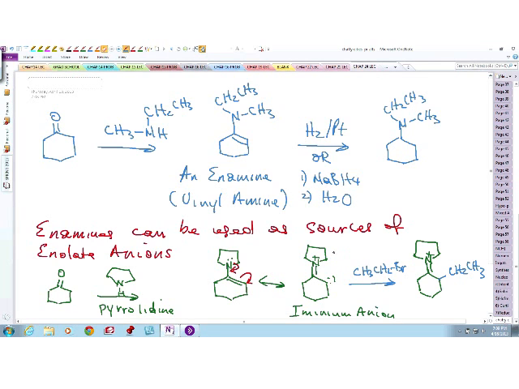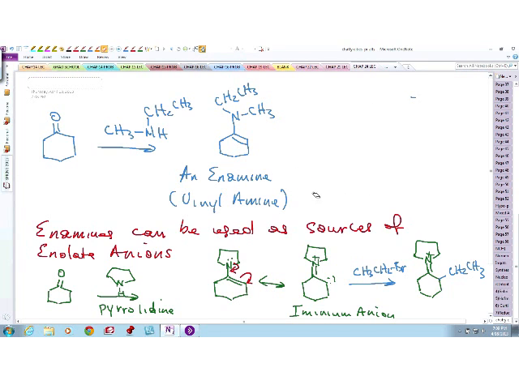Now to go back to your ketone, the alkylated product that you have here becomes an iminium ion, because this is positively charged.